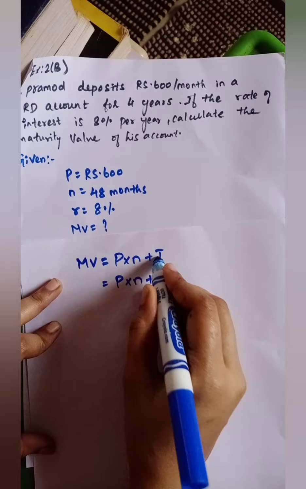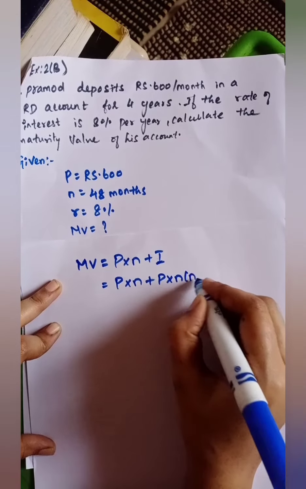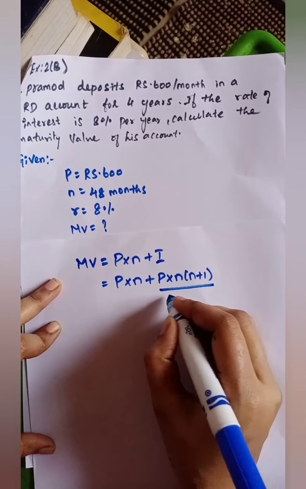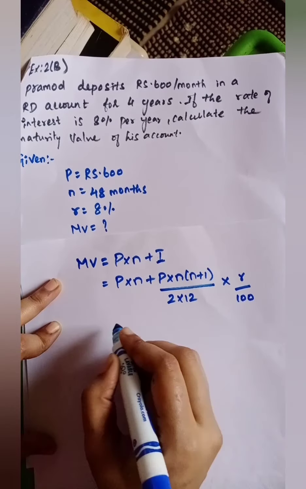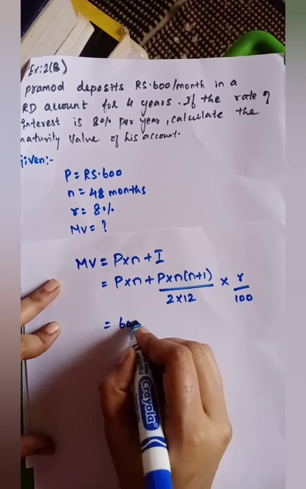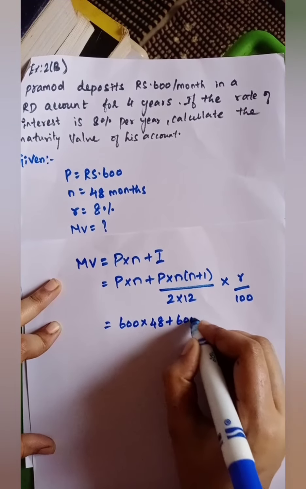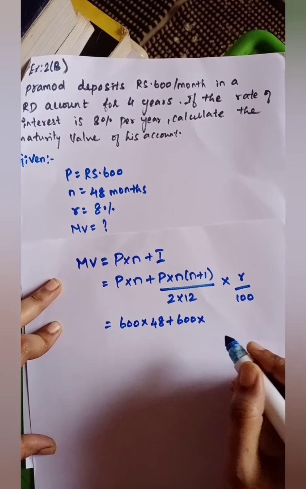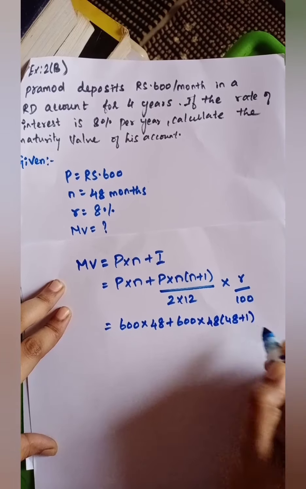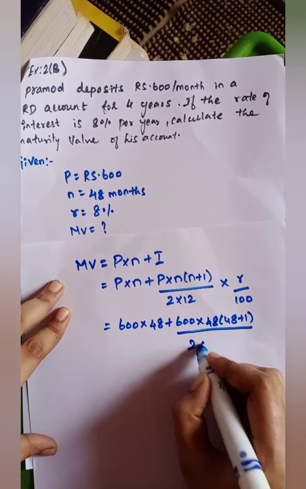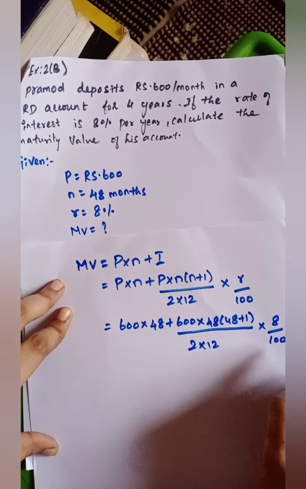P into N plus the formula for interest, which is P into N plus 1 divided by 2 into 12 into R divided by 100. Now 600 into 48 plus 600 into 48 plus 1 divided by 2 into 12 into 8 divided by 100.